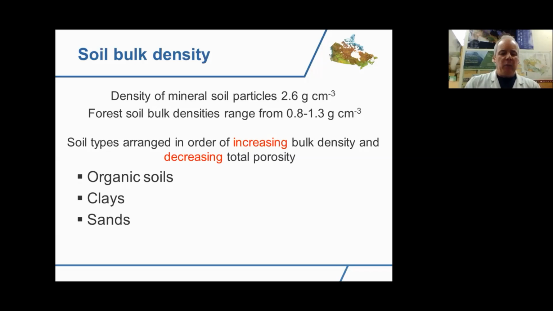This may seem somewhat counterintuitive, that sandy soils have less porosity than clay soils, but think back to that first slide where I showed you that in clay soils there are a large amount of micropores. So sand soils, yes, do have a larger pore size, greater size of macropores, but overall the porosity is less than in a clay soil.